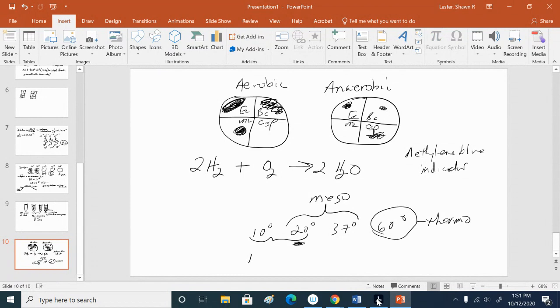That was a psychrotroph. Remember, psychro, not psycho. It really does prefer room temperature, but it tolerates the cold. 37 is way too hot for it, right?